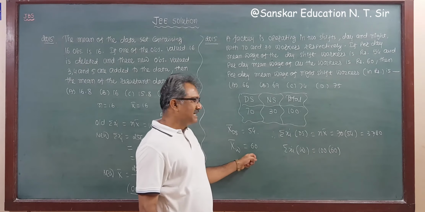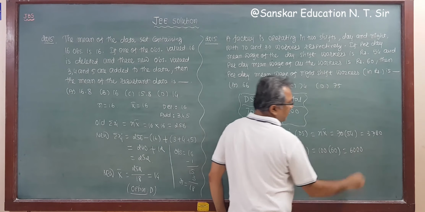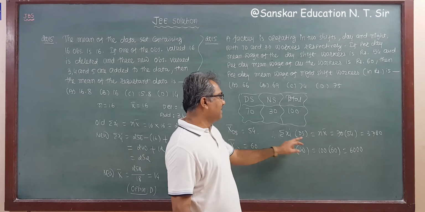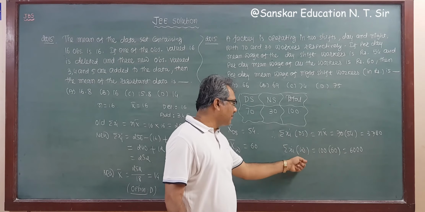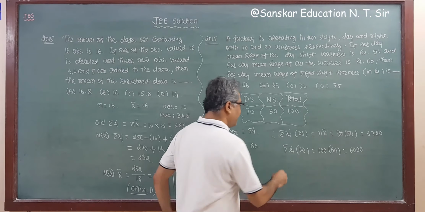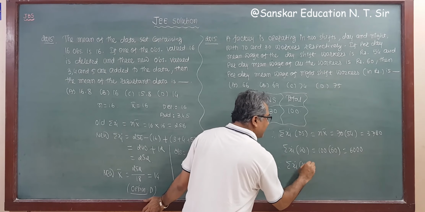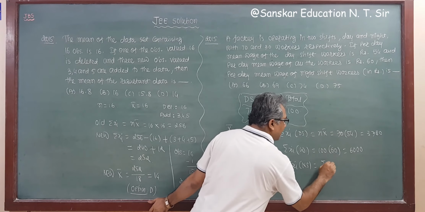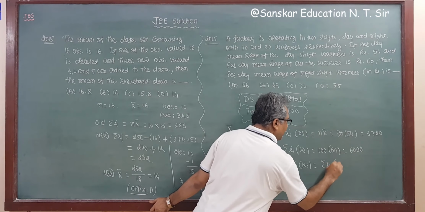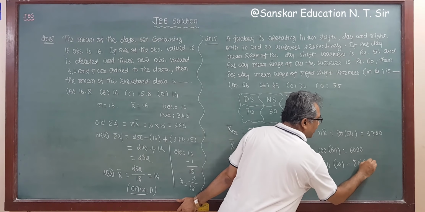Mean is given 60. So that is 6000. Right? So now subtracting day shift sigma xi from all workers sigma xi, we get sigma xi for night shift. So therefore sigma xi for night shift is equal to sigma xi for all workers minus sigma xi for day shift.